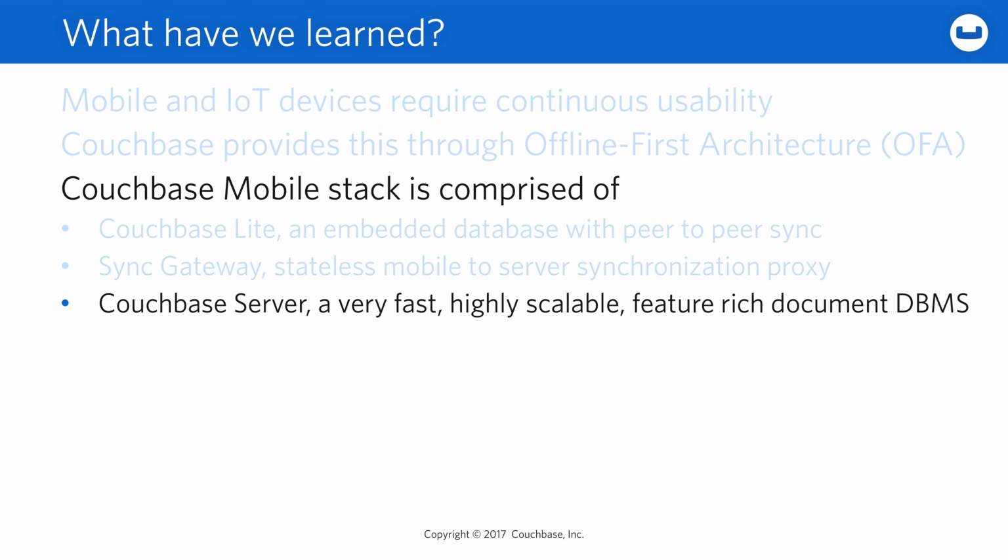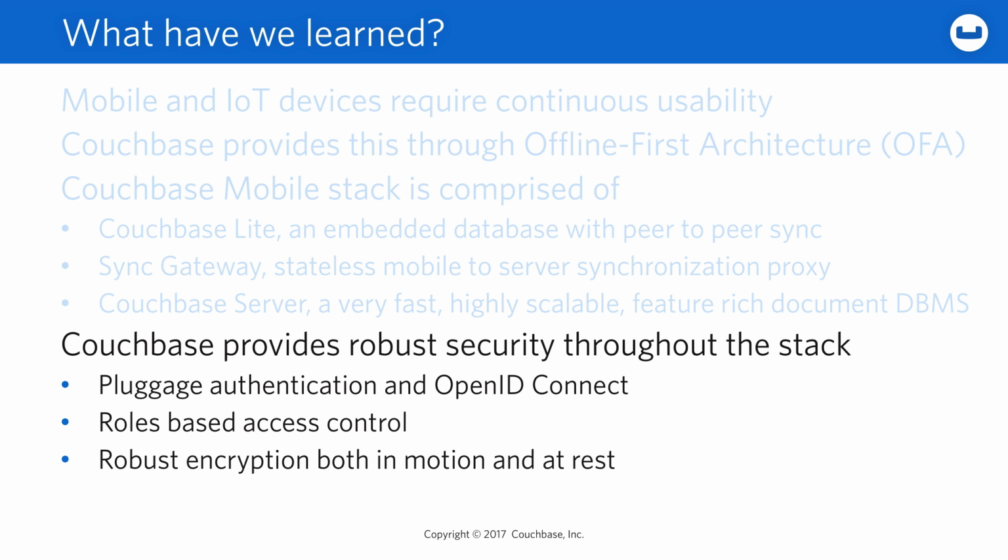Couchbase Server is a very fast, highly scalable, feature-rich document-focused database management system. Couchbase provides robust security throughout the stack through pluggable authentication, including OpenID Connect support, roles-based access control, and robust encryption, both in motion and at rest.